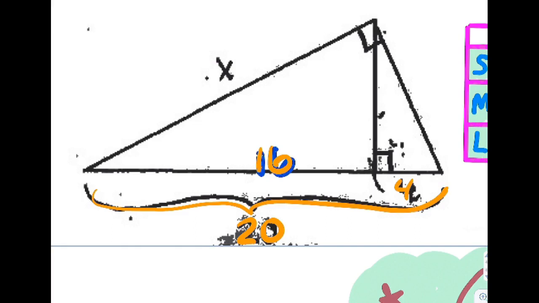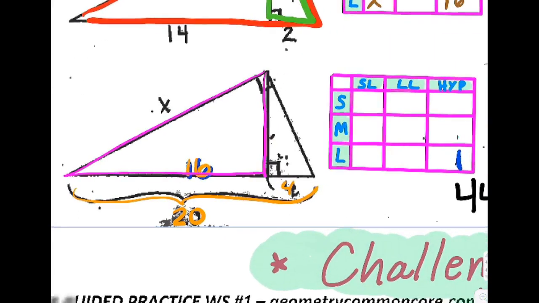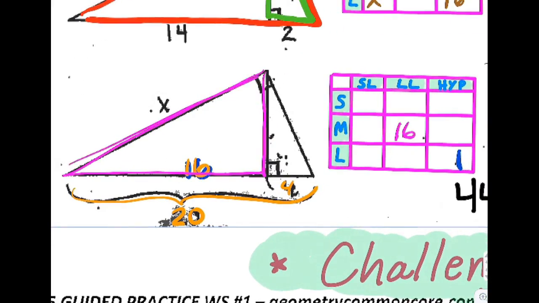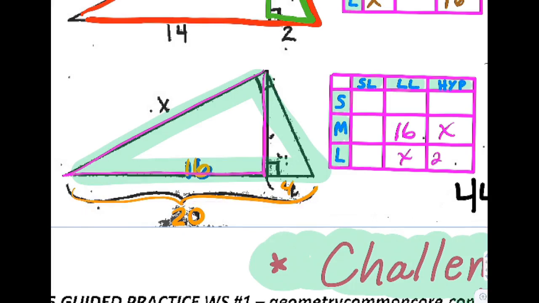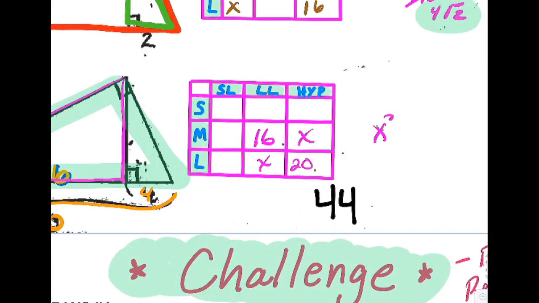Okay, so if you look at these two triangles, you don't know much about the small, but you do know two things about the medium. You know that the long leg of the medium is 16. You know the hypotenuse of the medium is x. And then if you look at the large one, you know that the long leg is x, and the hypotenuse is the entire 20. So you have an equation of x squared equals what? Okay, 320.